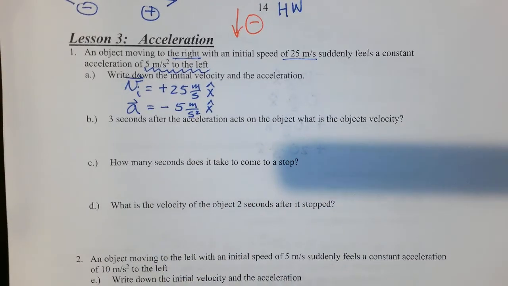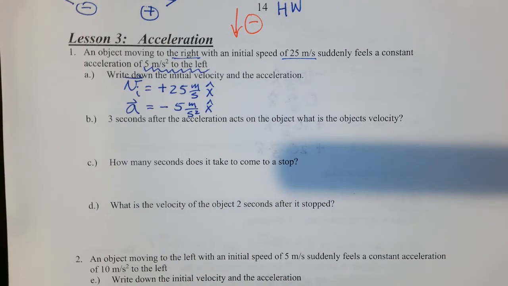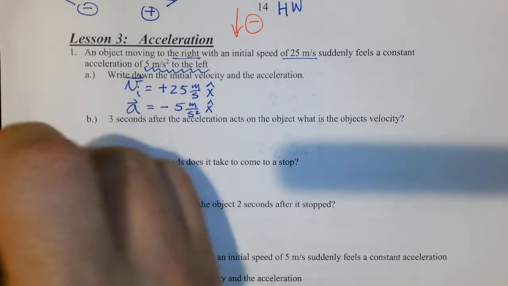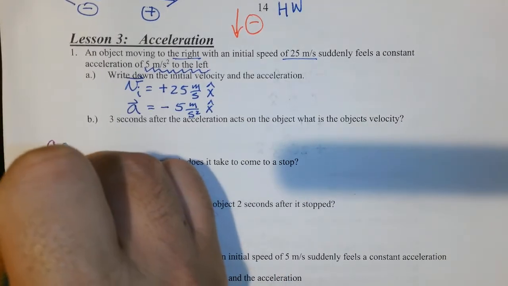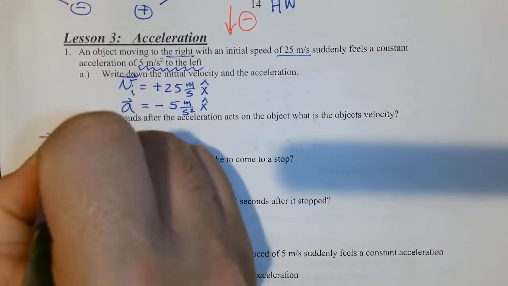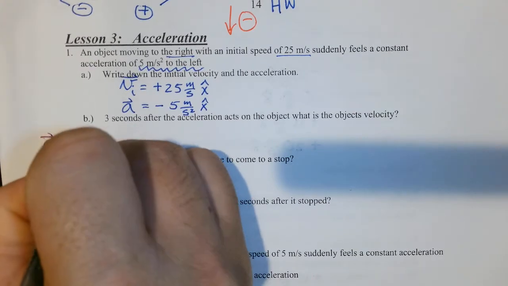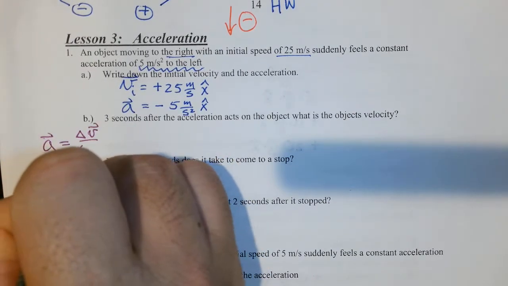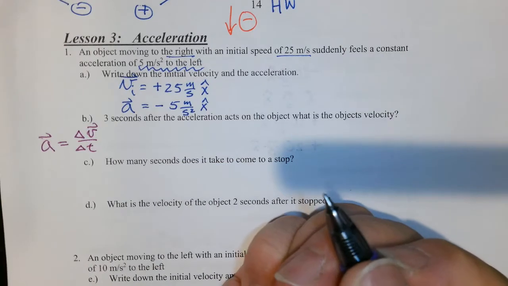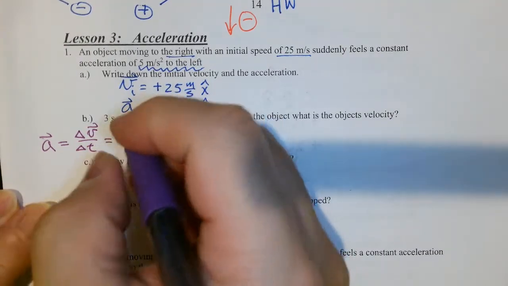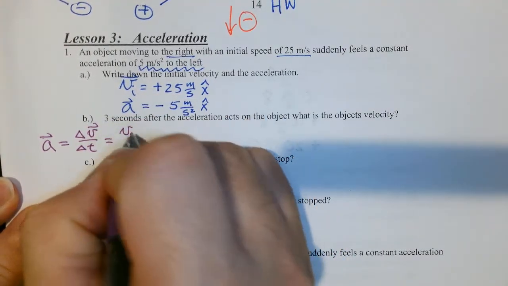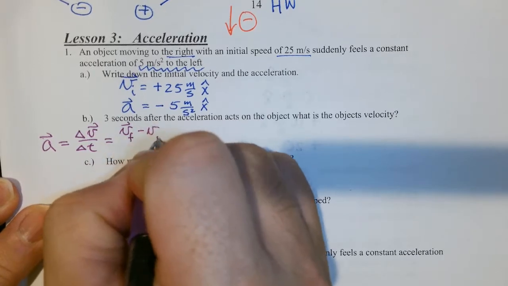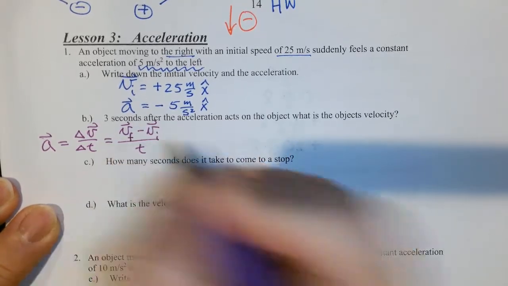So here, 3 seconds after the acceleration acts on the object, what is the object's velocity? Well, we know that acceleration, by definition, is change in velocity over change in time, which is the same as Vf minus Vi over t.